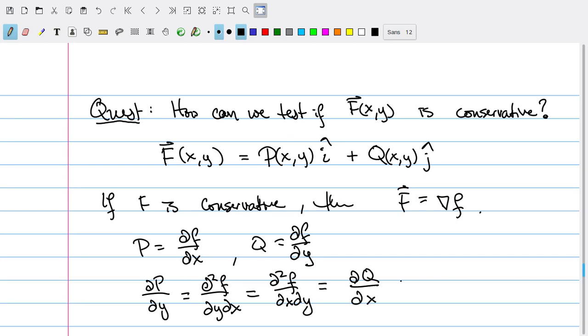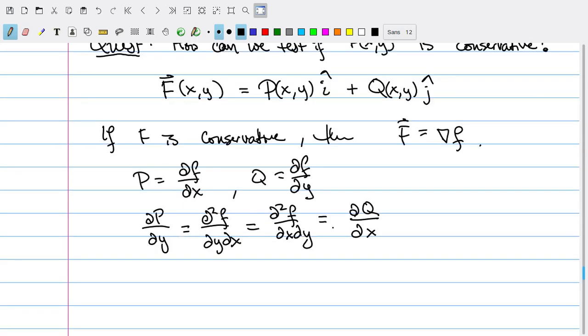And that's going to be the same thing as the partial derivative of Q with respect to x. So the condition that should be satisfied in the case that F is conservative is that the partial derivative of P with respect to y should be equal to the partial derivative of Q with respect to x.